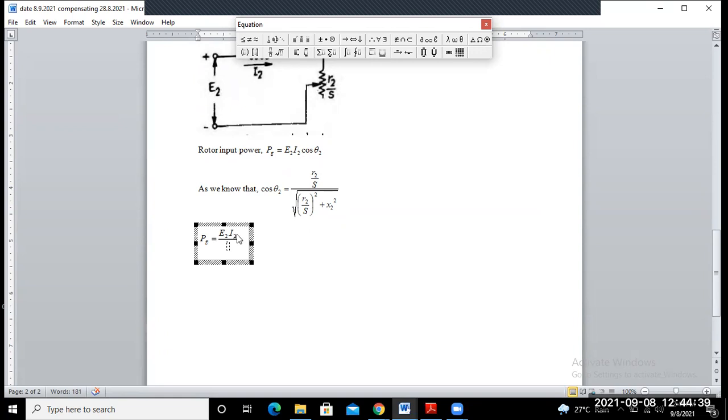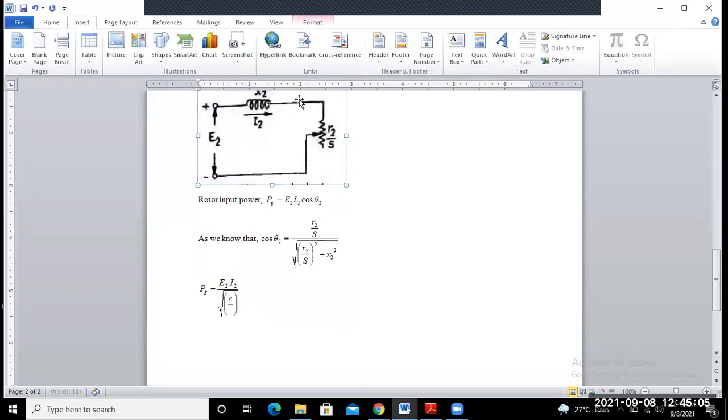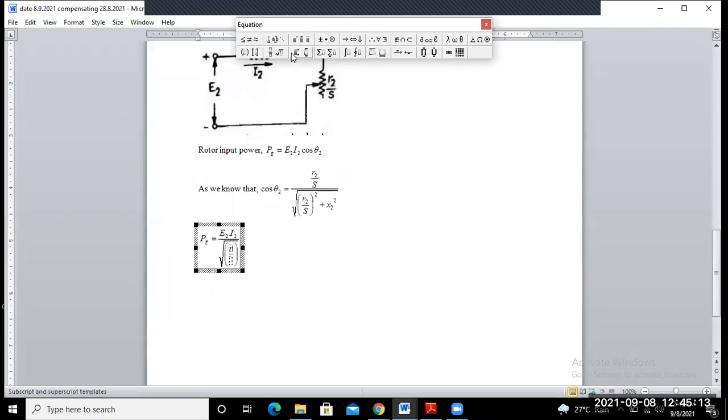So you can write in the numerator R2 by S, and in the denominator the square root of R2 by S whole square plus X2 square.